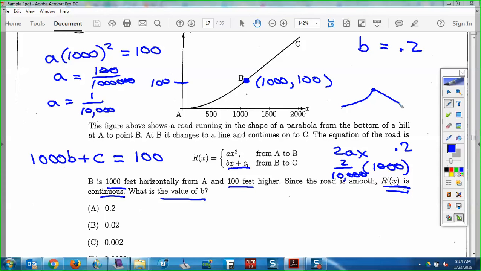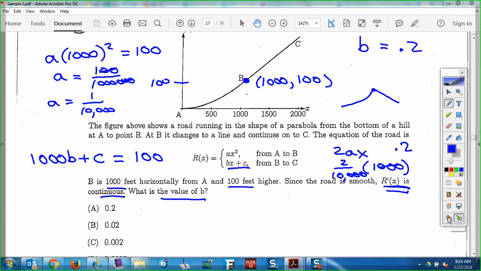Well, it's continuous because you don't have to lift your pencil. There's not a break there, so that's continuous, but it's not differentiable because the derivatives aren't the same. It's not smooth. It has a sharp point. But if a graph is smooth, that means that not only do they share the same point when it's switched, they share the same slope. And that's what makes it smooth. So their derivatives have to be equal. So that was the key.